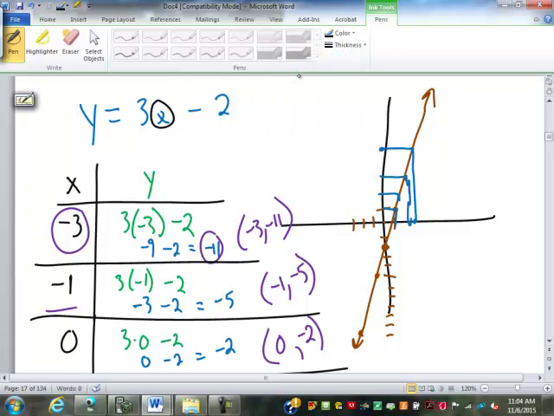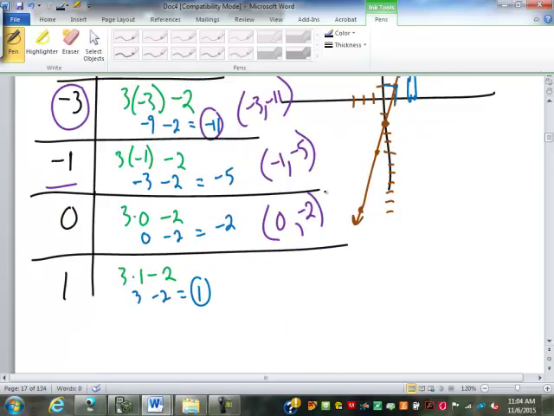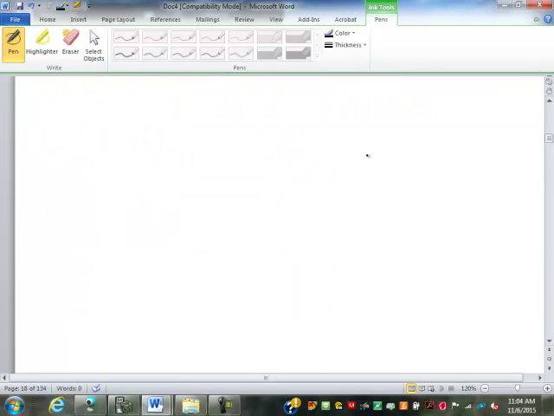Now, not all of our equations are going to make straight lines on the graph. We can run into an equation like this.